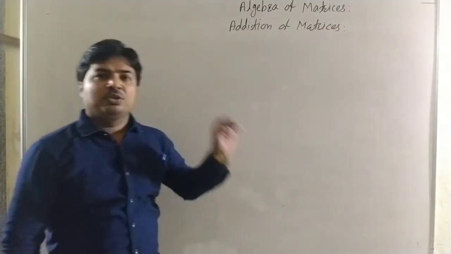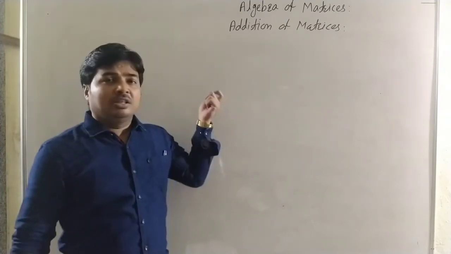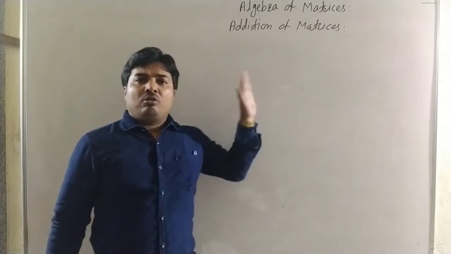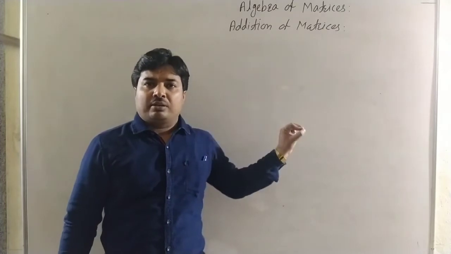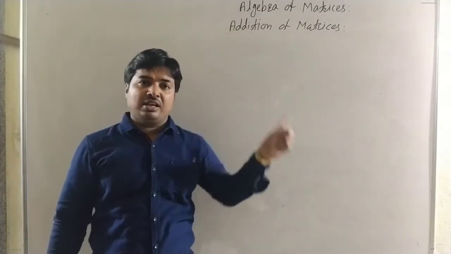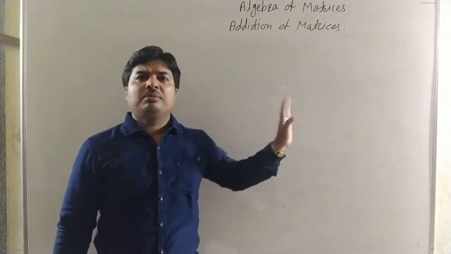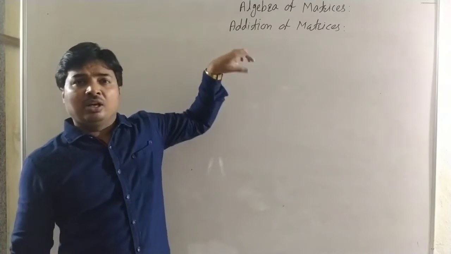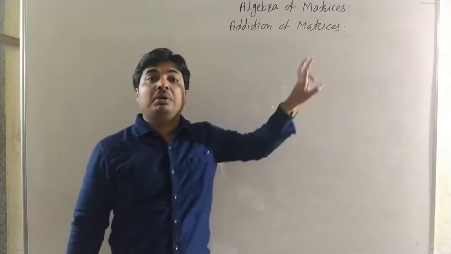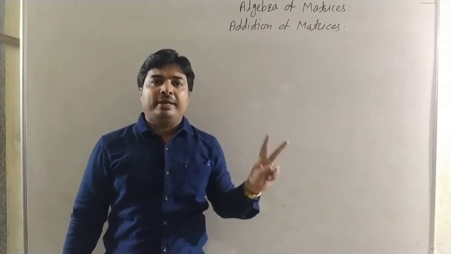Addition of the matrices. In the scalar multiplication of a matrix, the order of the matrix does not matter, because there is only one matrix; there is no second matrix to compare the order with. Only the scalar into a matrix. But in the addition of two matrices, we have two matrices.